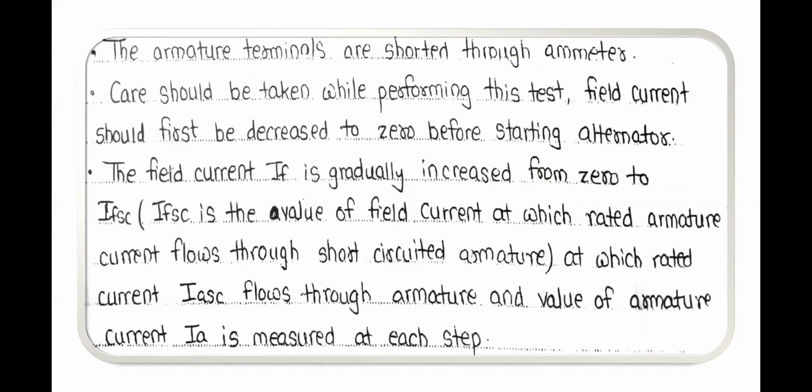The field current is gradually increased from 0 to IFSC. IFSC is the value of field current at which rated armature current flows. In this way we can measure the short circuit armature current. This gives you the nature of the SCC, that is the short circuit characteristics.